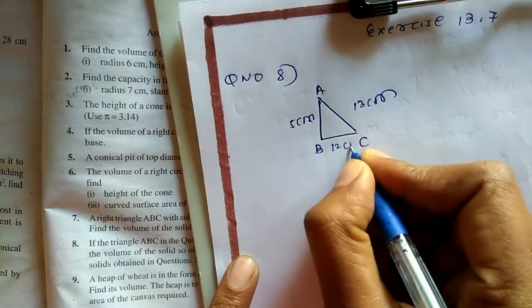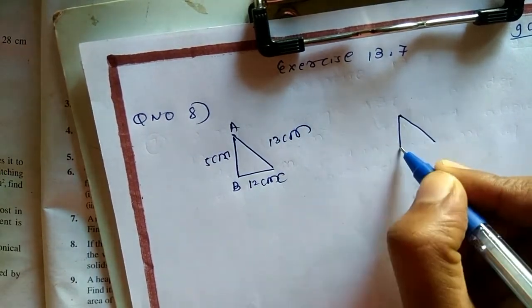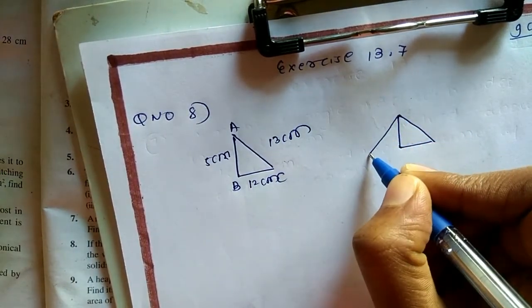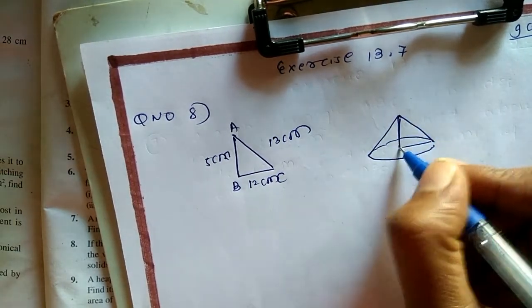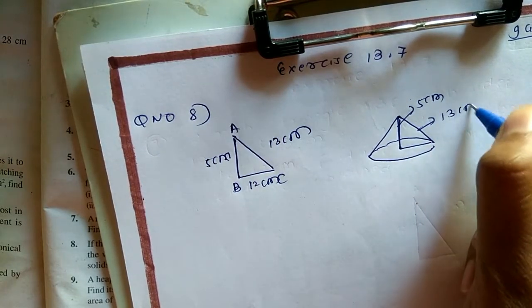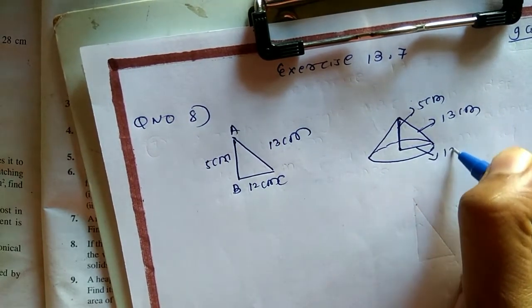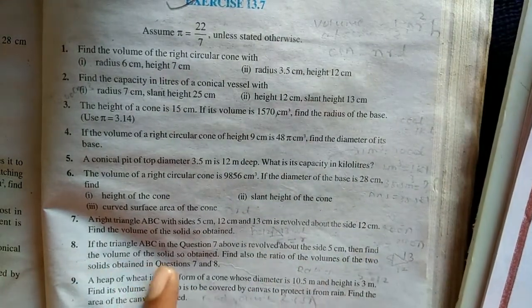If you rotate or revolve this, there is formation of a cone, isn't it? With perpendicular height 5 centimeter, slant height 13 centimeter, and the radius will be 12 centimeter. Then find the volume of the solid so obtained.